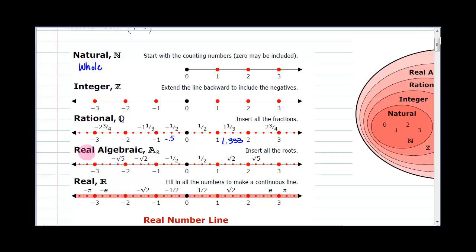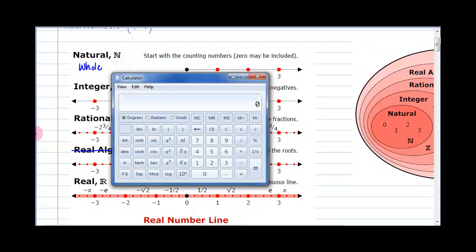We can move into the next set of numbers, which let's call irrational for our purposes right now. The irrational numbers are numbers that cannot be represented as a terminating decimal, or they can't be represented as a fraction. So if I wanted to say, for example, let me pull my calculator up. Let's say I wanted to know what the square root of 2 is.